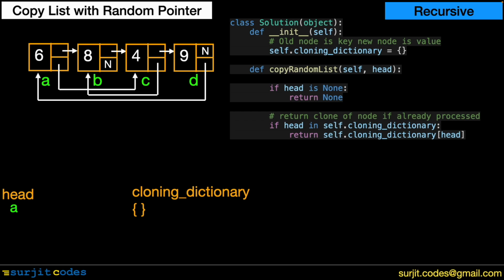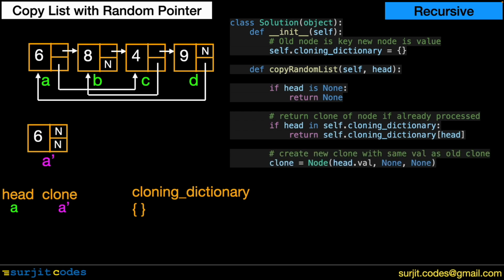If a node is present in the dictionary, it means that it was already cloned and the address of its clone can be obtained from the dictionary without going further. However, in the first iteration, head is not in the dictionary, so this if statement is also skipped. Therefore, we create a new node called clone with val same as val of head.